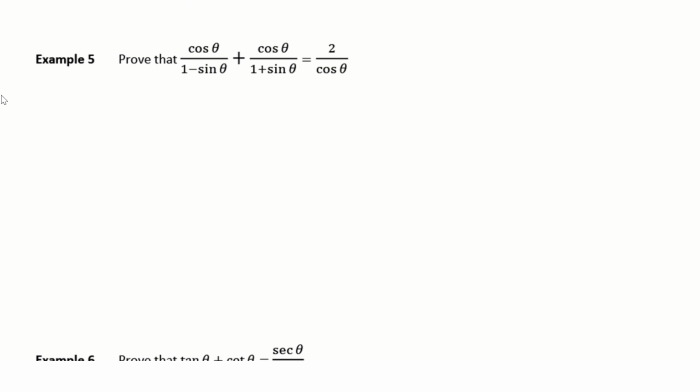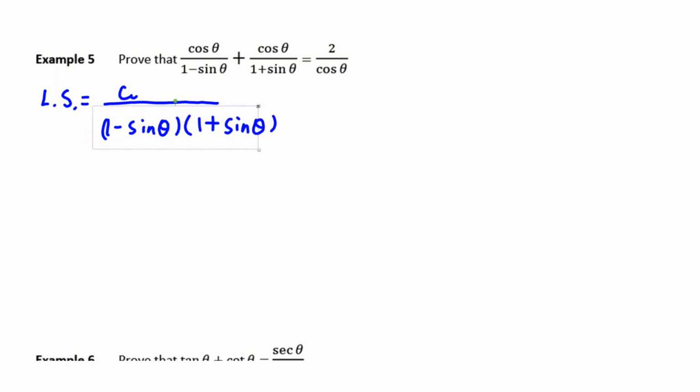Then example 5 is more complicated. So compare these two sides. You will see the left side is more complicated, so we are going to start from the left side. They are fractions, so we want to change them to the same denominator. Then it means the first fraction, we are going to multiply by 1 plus sine theta to both top and bottom, numerator and denominator.